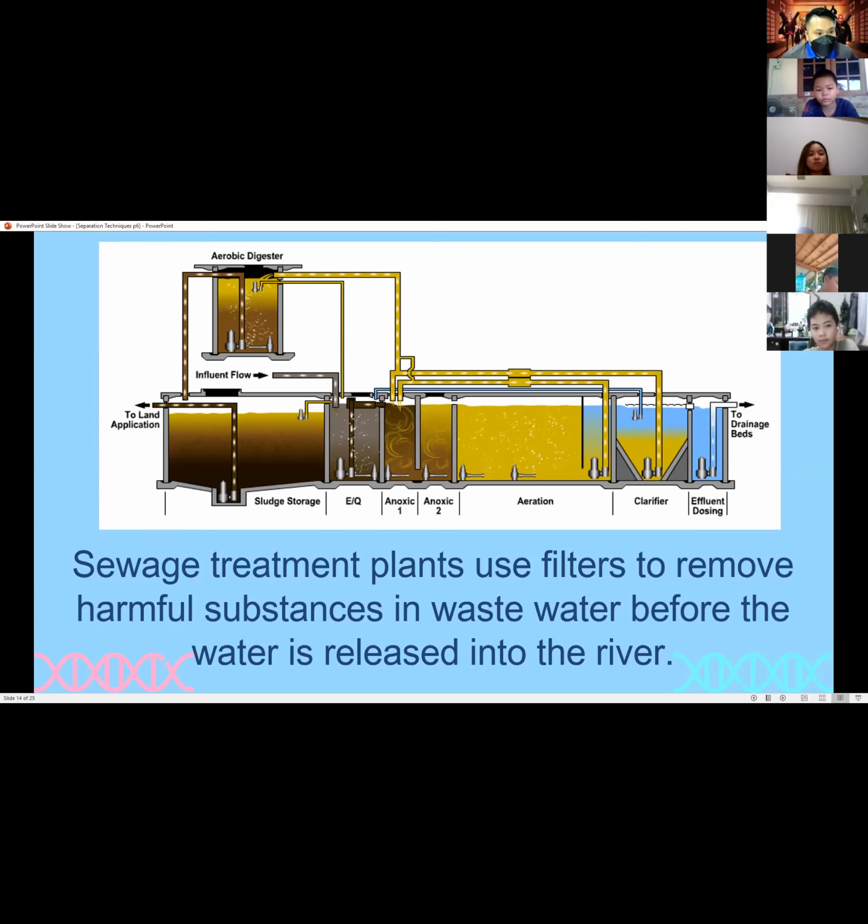Poisonous gas, right? Anything that is about gas, we have to remove from the water, because if the water has poison, the fish will die. Get it?